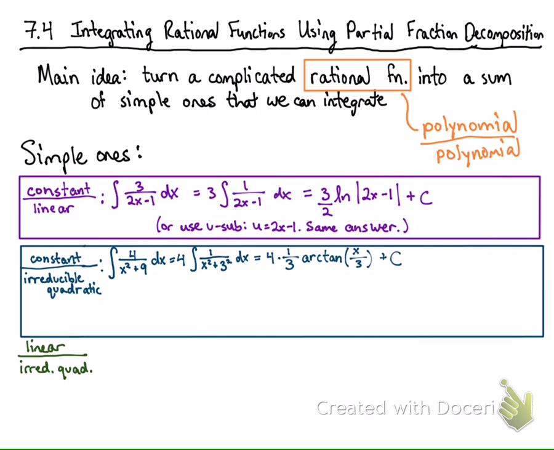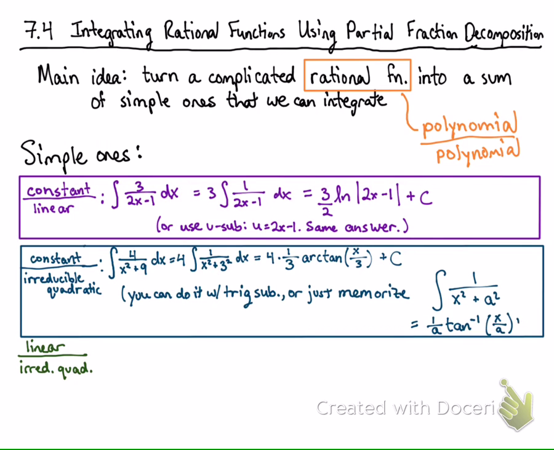Well, if you look at what we're integrating, 1 over x squared plus 3 squared, it's almost like 1 over x squared plus 1, right? That would be an arctangent. The integral of 1 over x squared plus 1 is arctangent of x, so there's this modification that has to happen. You can do that every time it comes up using a trig substitution, so that would be a tangent substitution. Or this one comes up a lot in these, so you might just want to memorize or have it available for reference, this formula. It will be on the handout that you get.